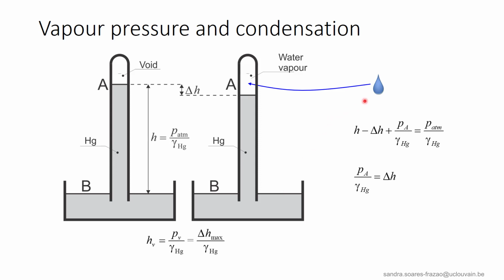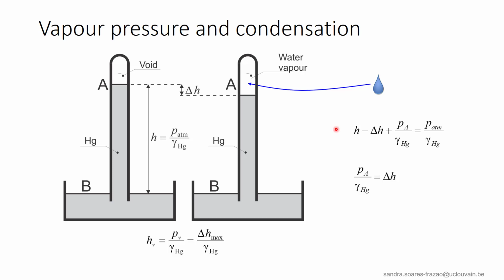Now, if we add 1 drop of water to the upper part of the column, this water transforms into vapor because of the very low pressure, and as a consequence, the level of mercury here decreases by delta H. And the new equilibrium can be written like this here, where we see that the pressure at point A is not 0 anymore.